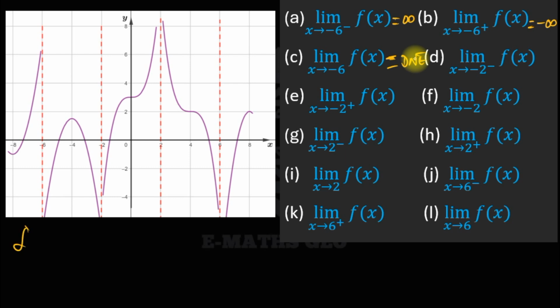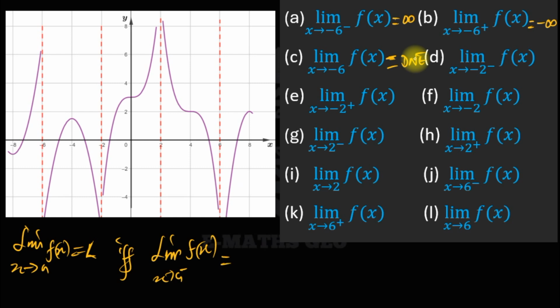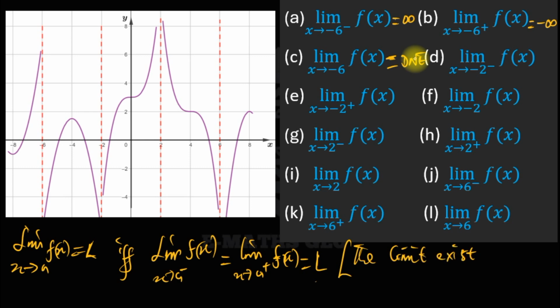Why? The limit of f of x as x tends to a exists and is equal to L if and only if the left and right-hand limits are equal, and both of them are equal to L. So if both are equal to L, then the limit exists, and it will be equal to that value.